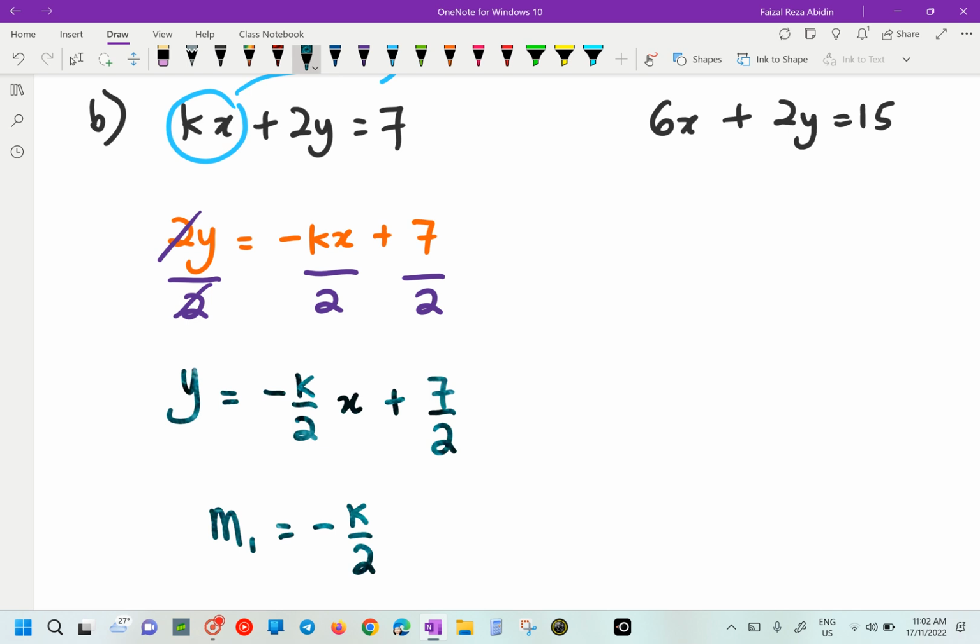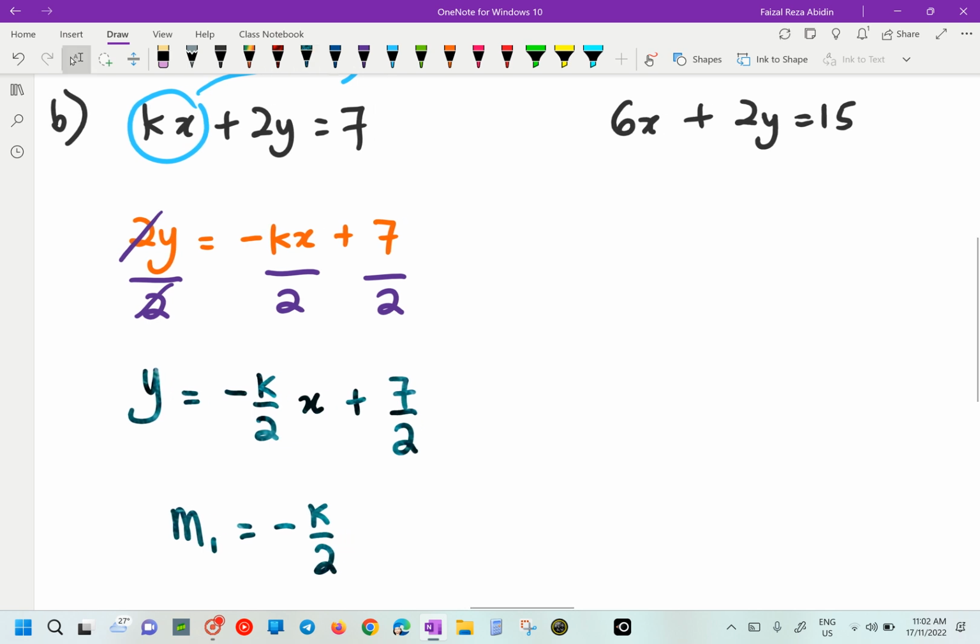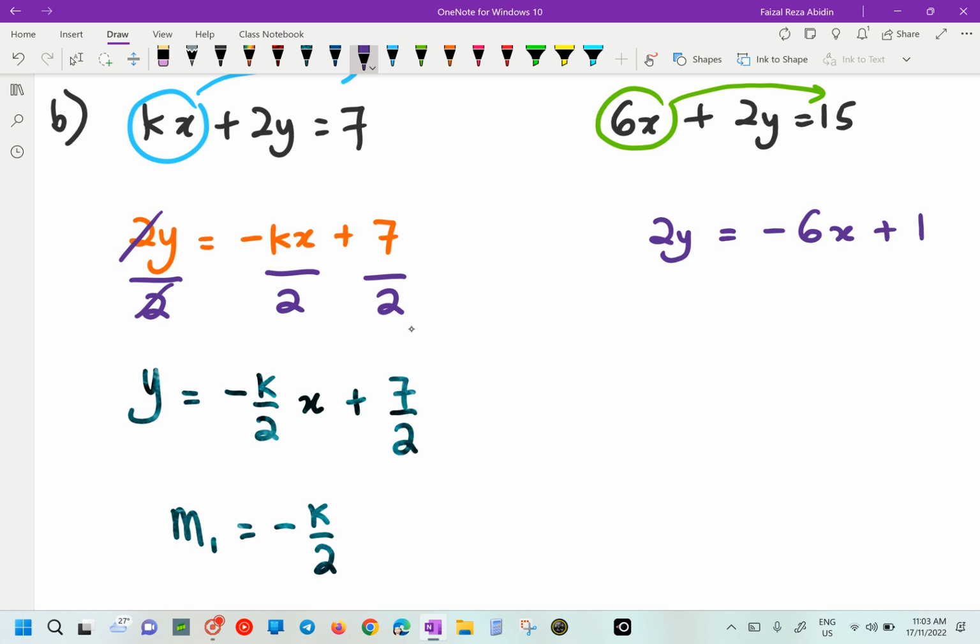Now, we go to our second equation of straight line. We are going to bring what first? 6x, yes, 6x to the right. So you are going to have 2y equals negative 6x plus 15. Am I right? Okay, so what should we do next? Yes, divide by 2.